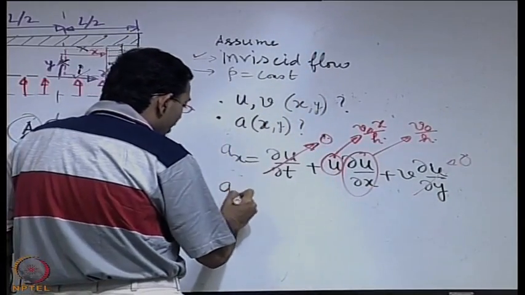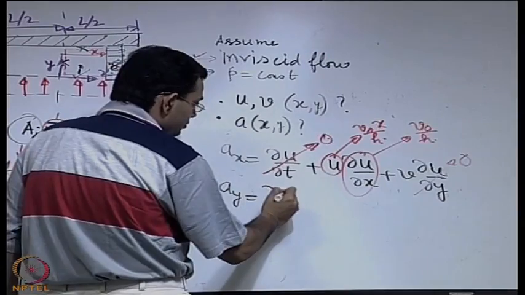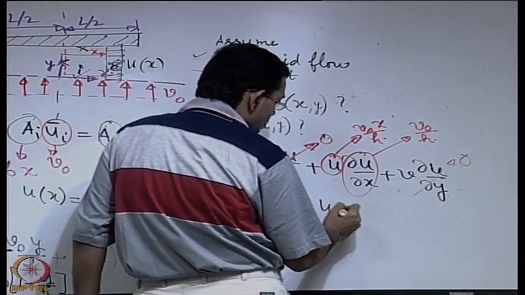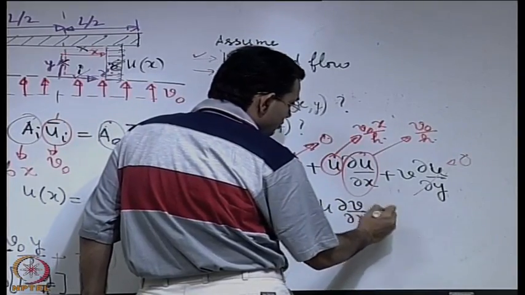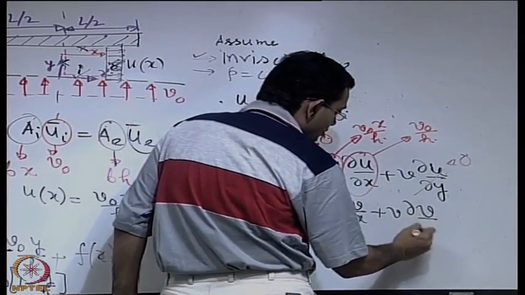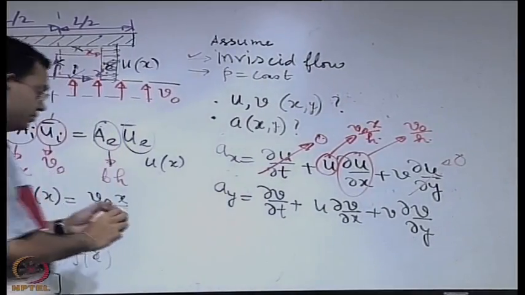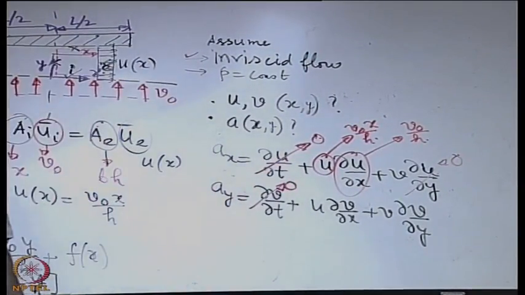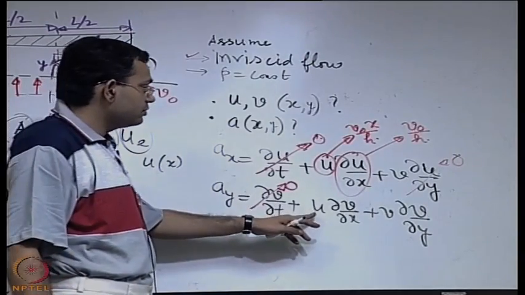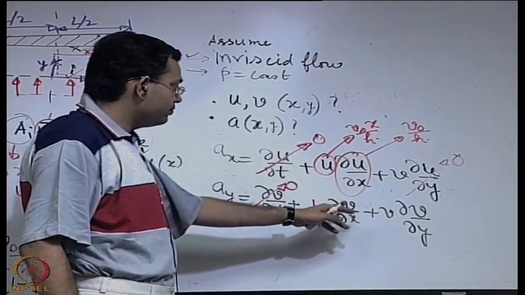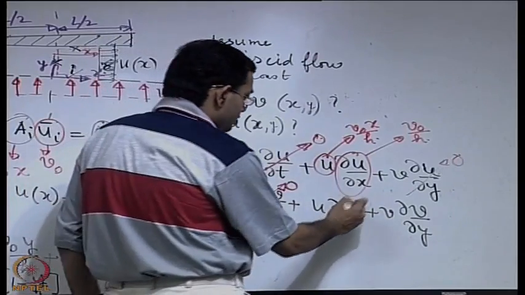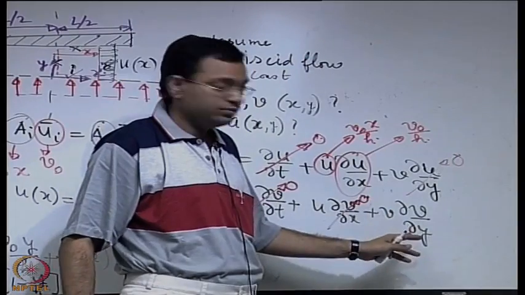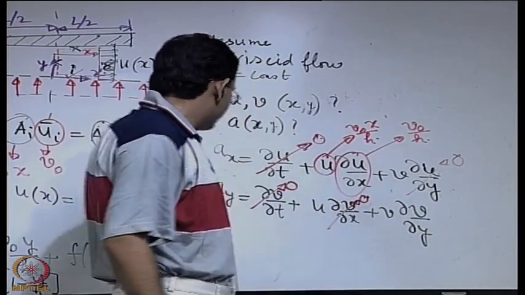Similarly, let us write the y component of acceleration. Again, because v is not a function of time, this is 0. Then v is not a function of x, so this is 0, and here you have v as a function of y.